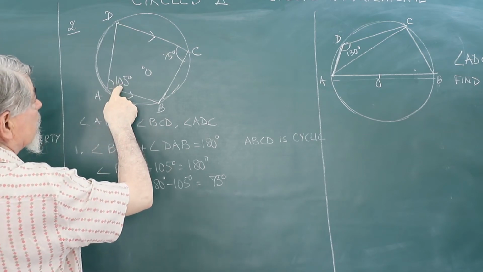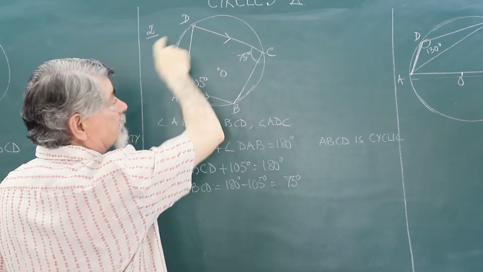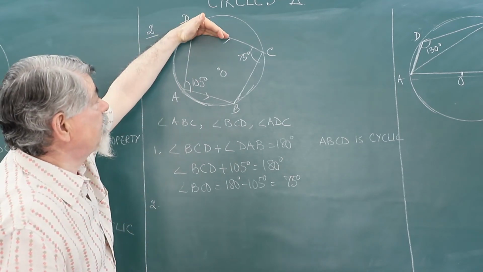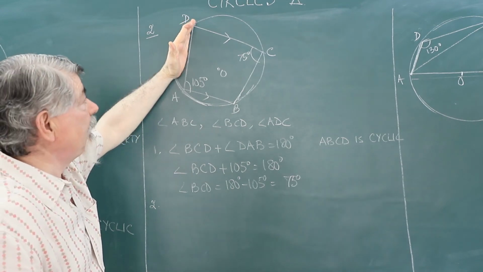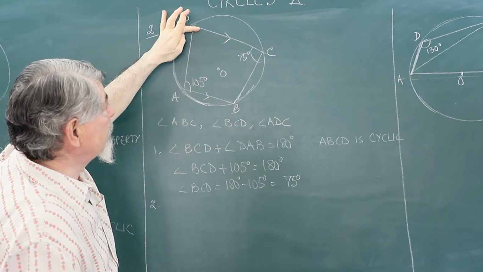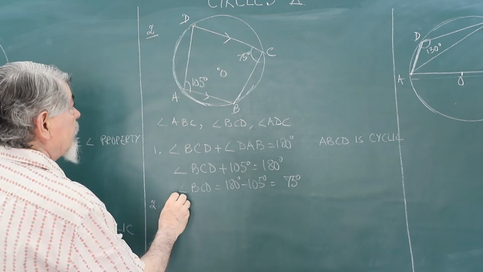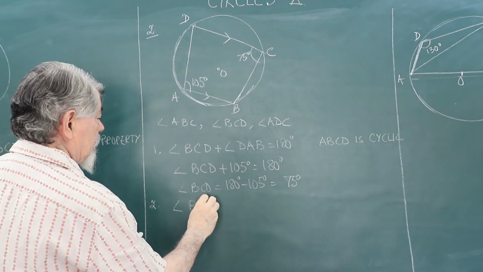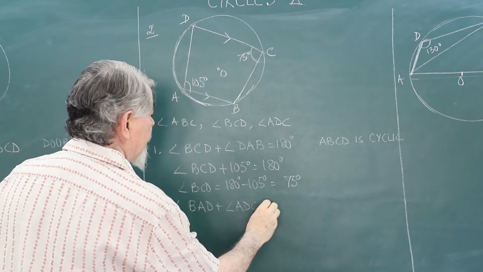This line is parallel to this and this line cuts it. These become co-interior angles. So I would say angle BAD plus angle ADC will be 180 degrees.